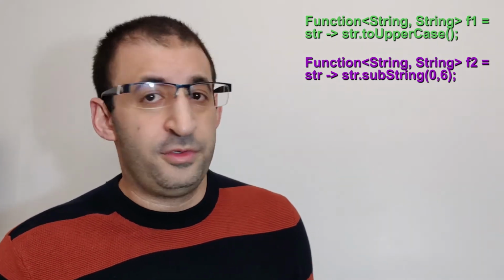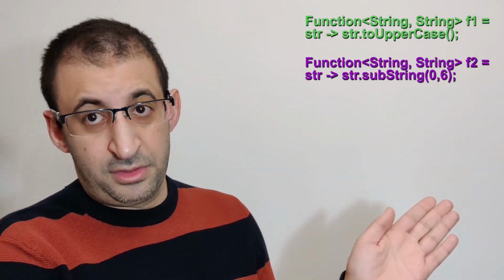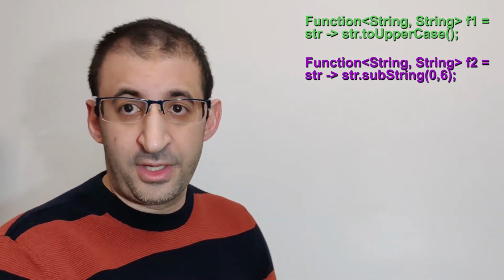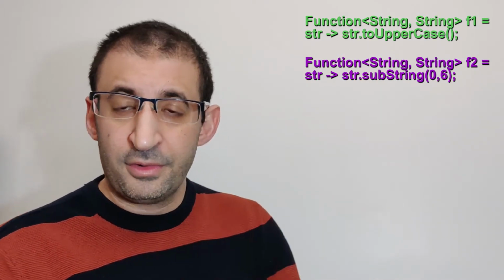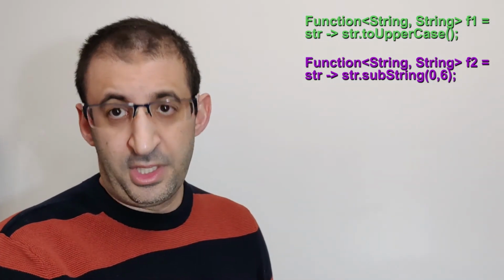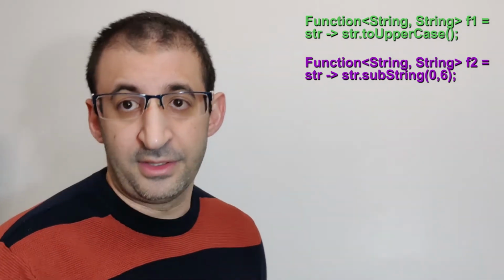And the second function gets only the first six characters of the string. Same thing: input is string and the return type is string. f2 equals str arrow str dot substring from 0 to 6. Remember, for substring it is the first index and the last index minus 1, so I get 6 characters.